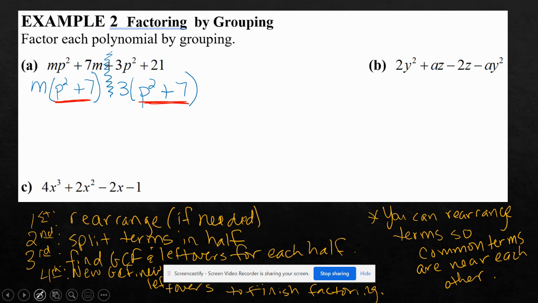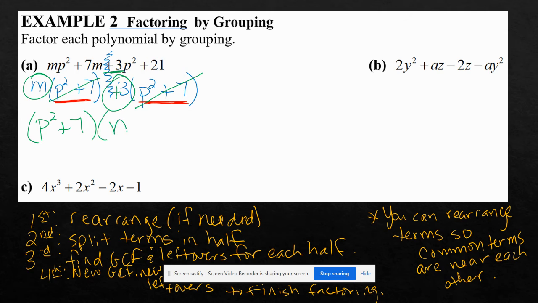That is our new GCF. So p squared plus 7 is our new GCF that we're pulling out. And we're left with m, and this is a positive 3 because of the plus 3 there. m plus 3 is left over. That is my factored form.